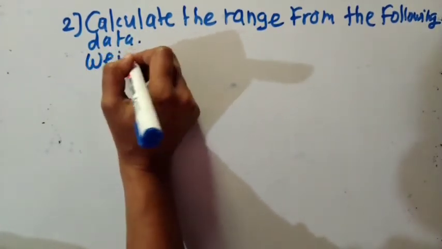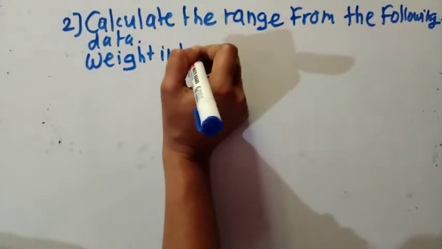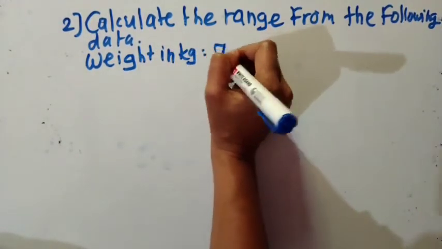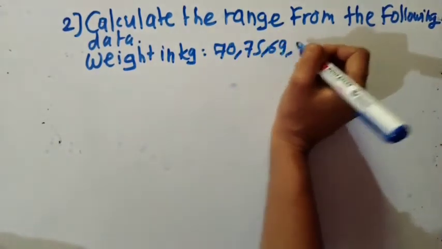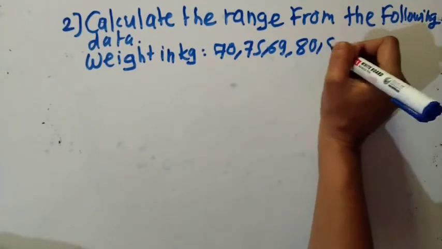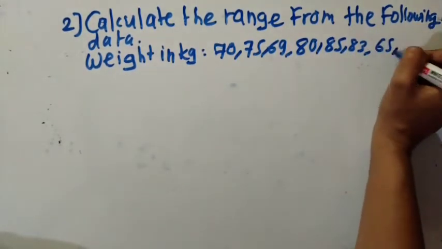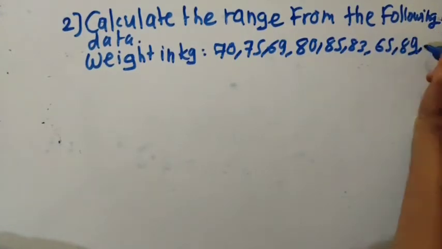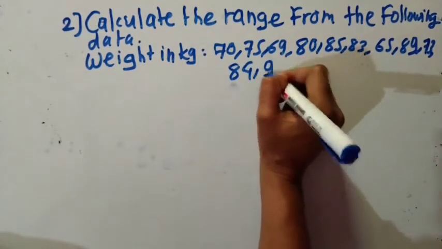Weight in kg is 70, 75, 69, 80, 85, 83, 65, 89, 73, 84 and 90.